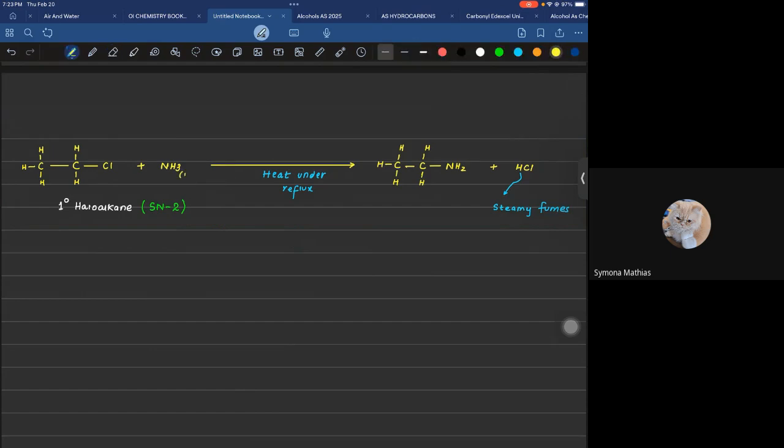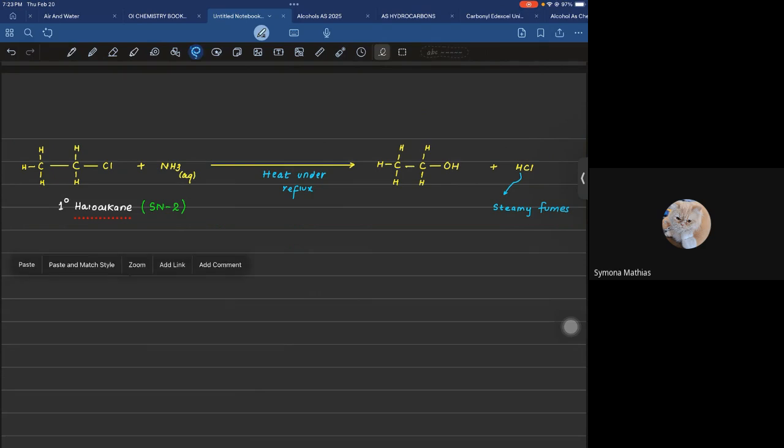Same reaction would happen, but you will see alcohol, and the inorganic product would remain the same, that is HCl. That's the difference between ammonia in ethanol and ammonia aqueous.